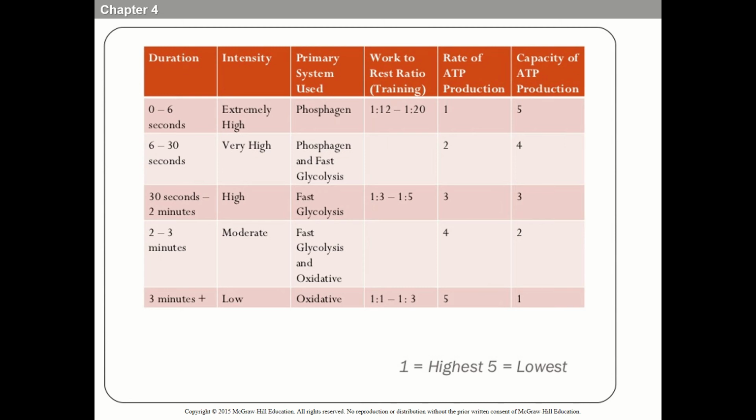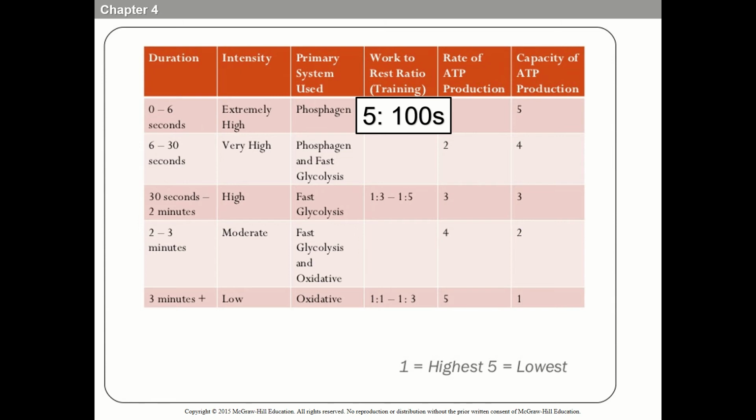For the phosphagen system, for example, it typically takes around 3 minutes to fully resynthesize all of our creatine phosphate. But if we're training it, there's typically a work to rest ratio somewhere between 1 in 12 and 1 in 20. So meaning that if we go for 5 seconds, we probably need to rest for about 100 seconds.